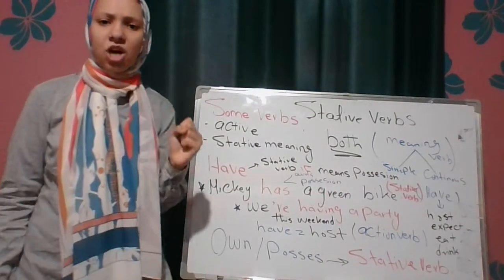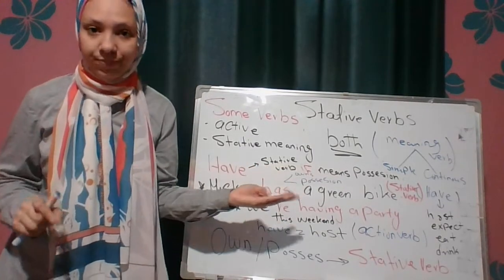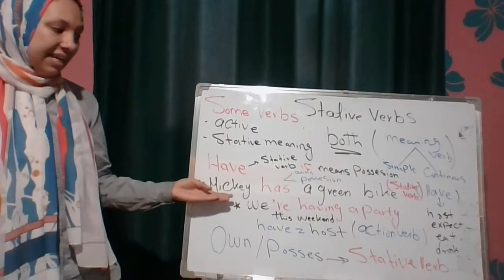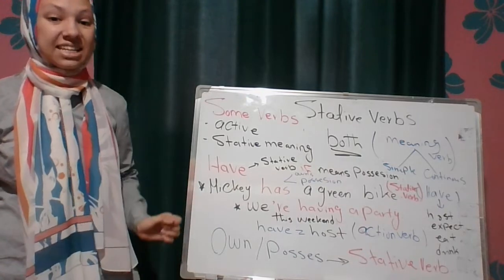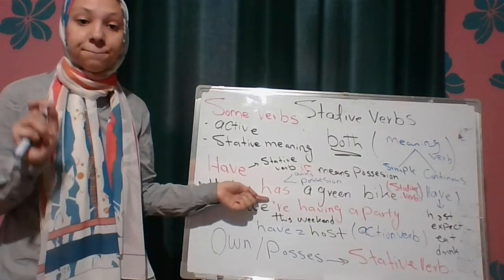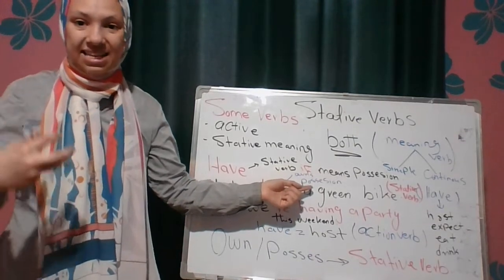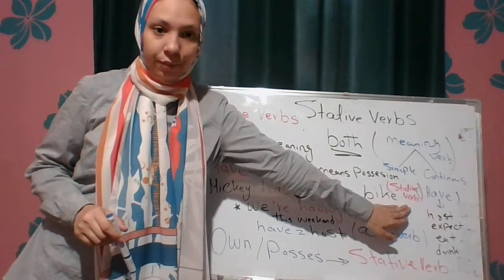Remember that have is a stative verb if it means possession. Let's take this point now. Mickey has a green bike. If has here means owns or possesses, this means it is a stative verb.